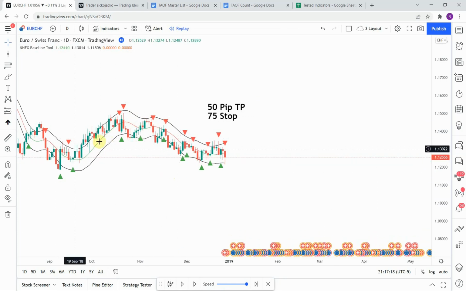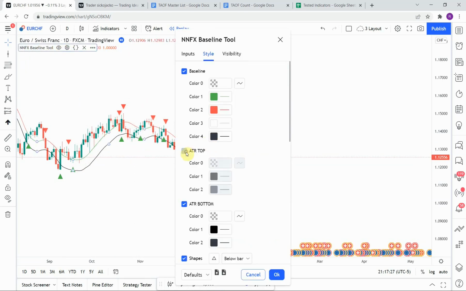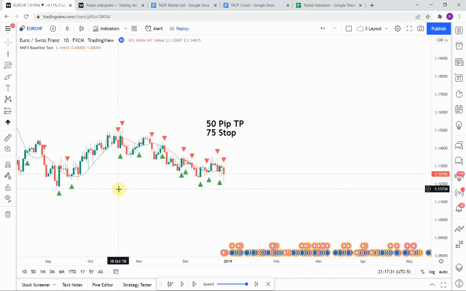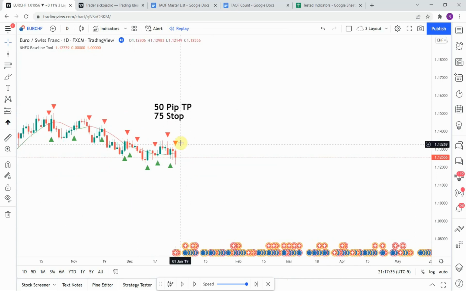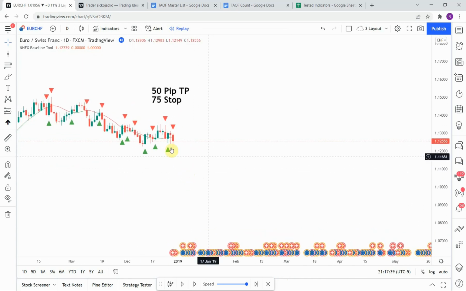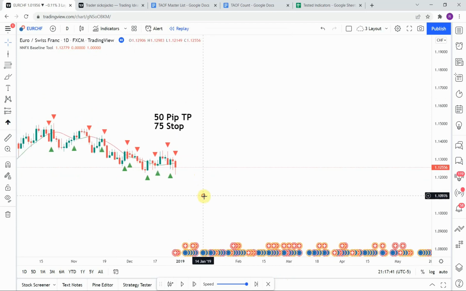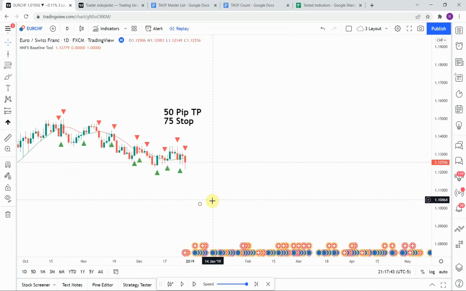And so that is the ATR, and you use that in conjunction with the rest of the rules for no nonsense Forex, but we don't follow those exactly, and so in this case we don't utilize those. And the setup on this is relatively easy. Like I said, when we get a red arrow pointing down, then we're going to go short. When we get a green arrow pointing up, then we are going to go long. So let's go ahead and get on with the testing and see what we are able to achieve with this one.